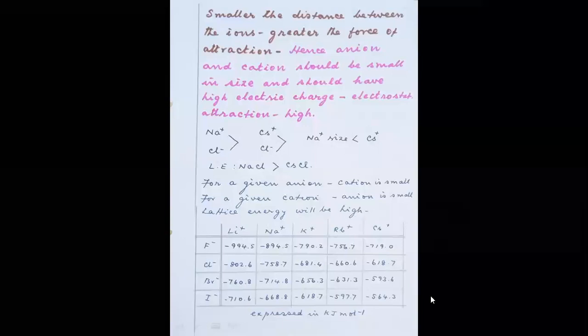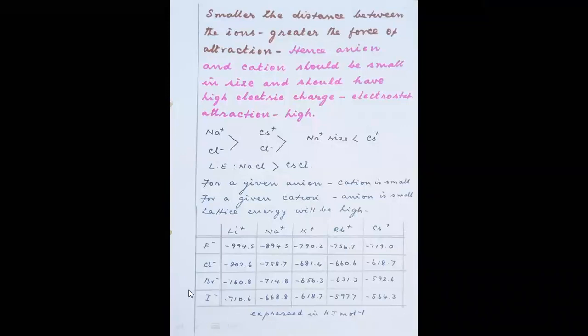So look here, this is a tabular column to express the influence of the size of the ion in the formation of an ionic compound. Actually the values given in the table are expressed in kilojoule per mole. I am taking fluoride ion only and I am varying the size of the cations: lithium, sodium, potassium, rubidium, cesium.